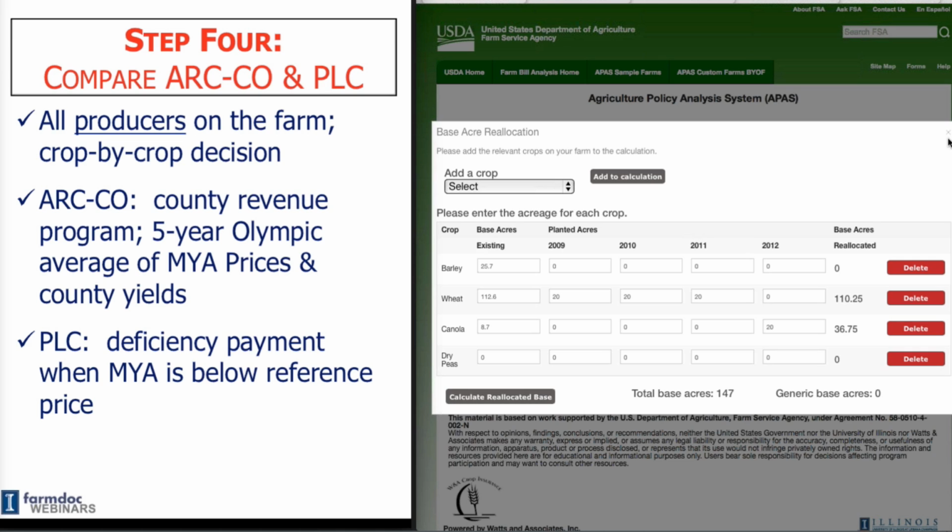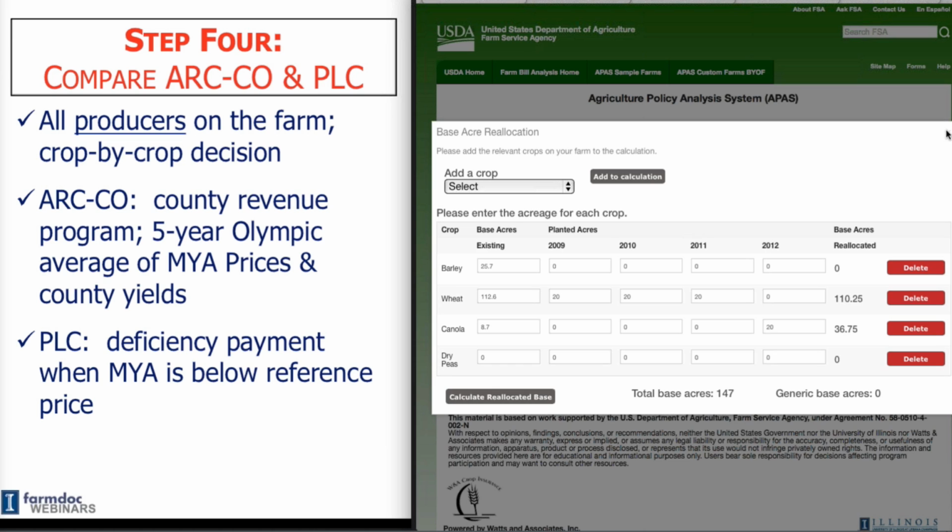If you expect in this example wheat to make higher payments than canola, you probably would be going more this direction. But in that case, we have to come down to those decisions on ARC County and PLC.